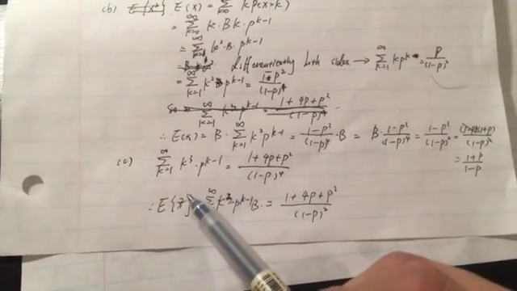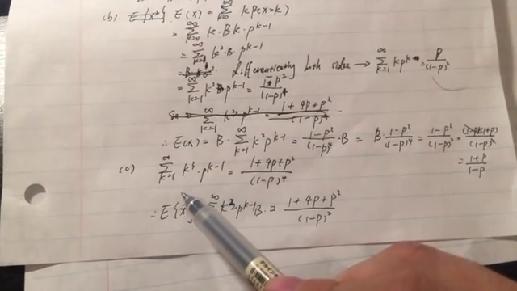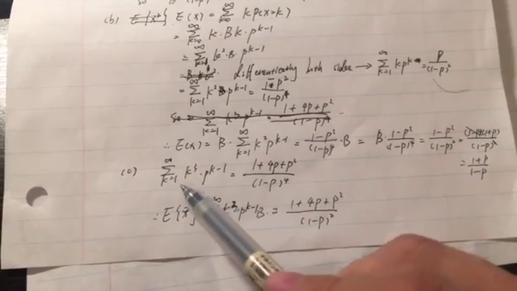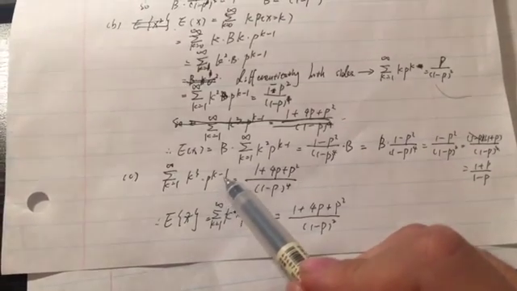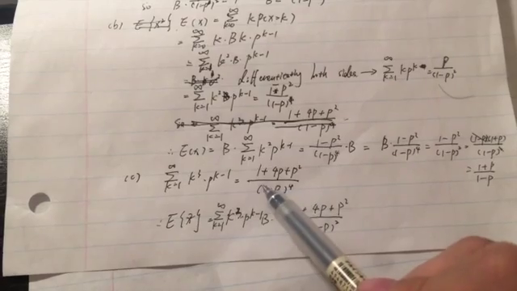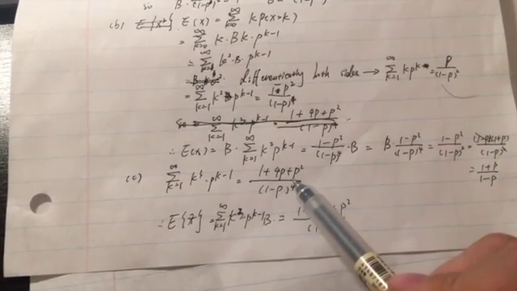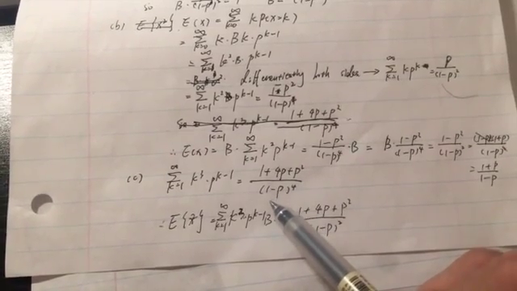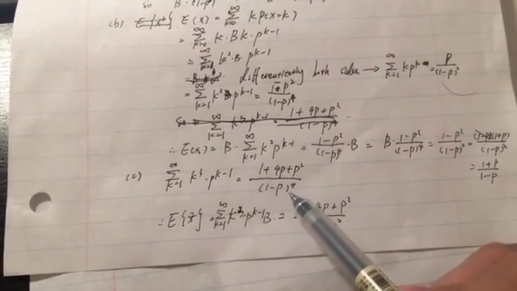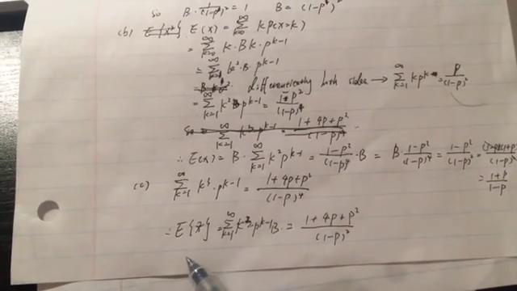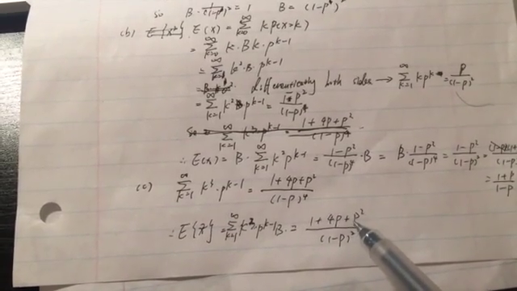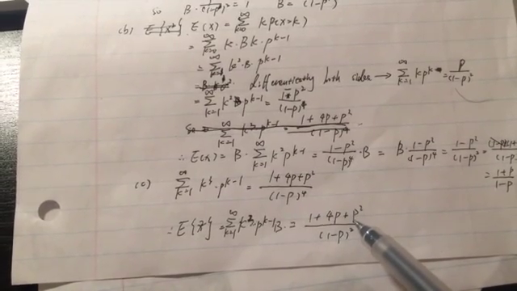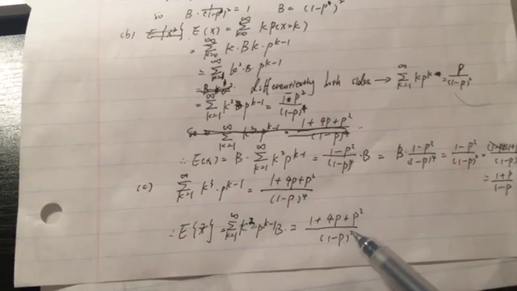We can get the accumulation of k cubed p^(k-1) equals (1 plus 4p plus p squared) over (1 minus p) to the power of 4, and we can get EX squared equals (1 plus 4p plus p squared) over (1 minus p) to the power of 2.